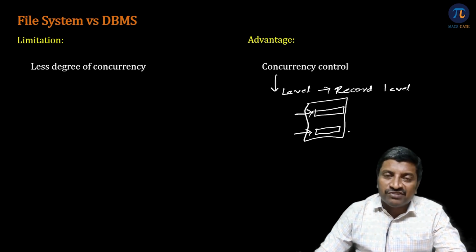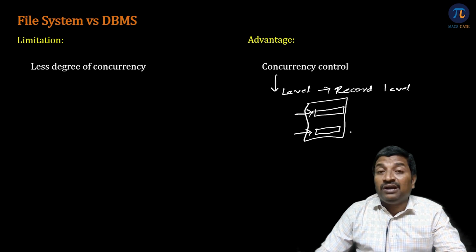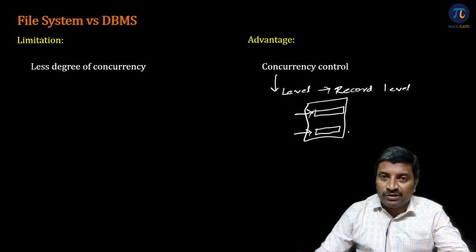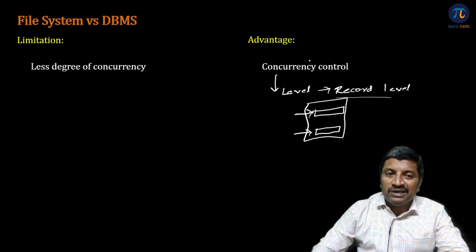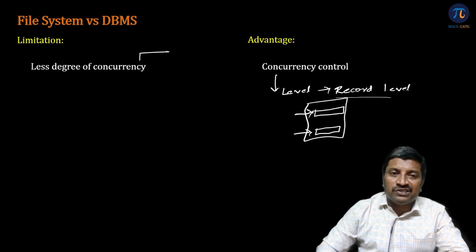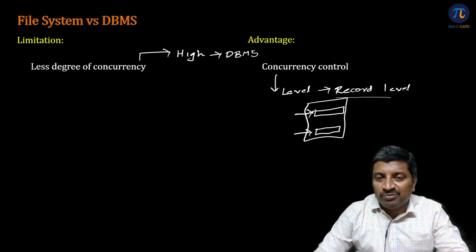One person is working on the first record, the second person may work on the 10th record or 20th record. But two users are not allowed to access the same record. So that is the meaning of record level. So the degree of concurrency is very high when we use DBMS. We have so many concurrency control schemas. We will discuss all those details.